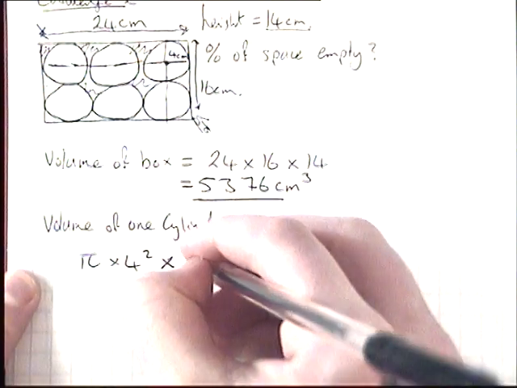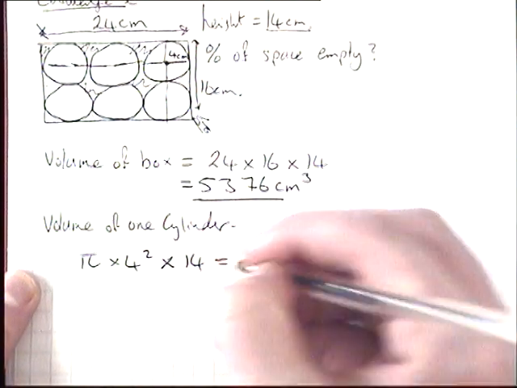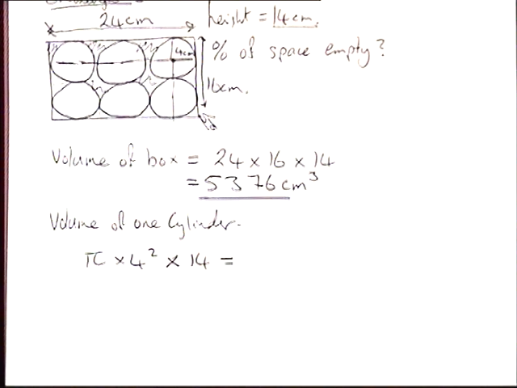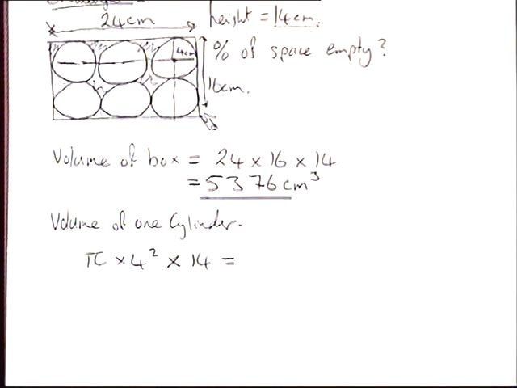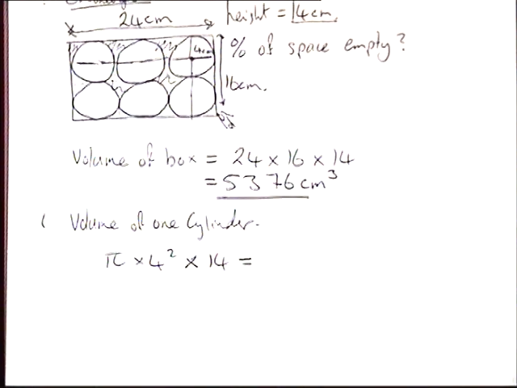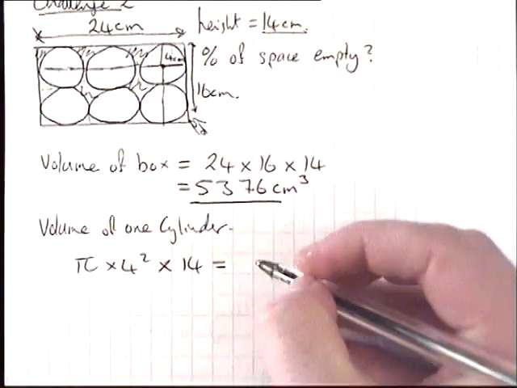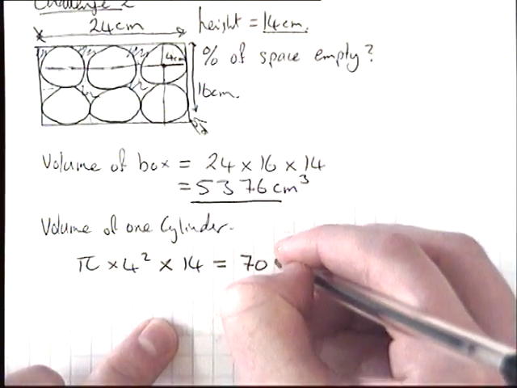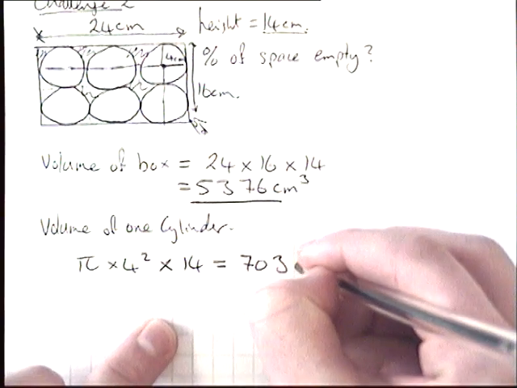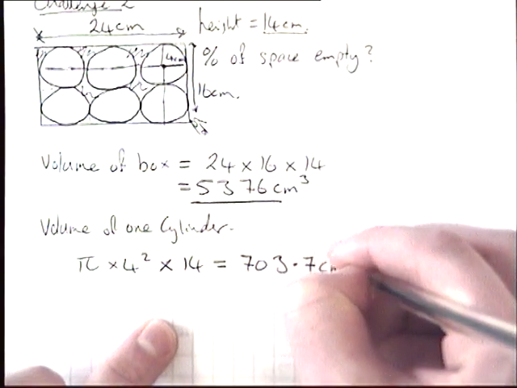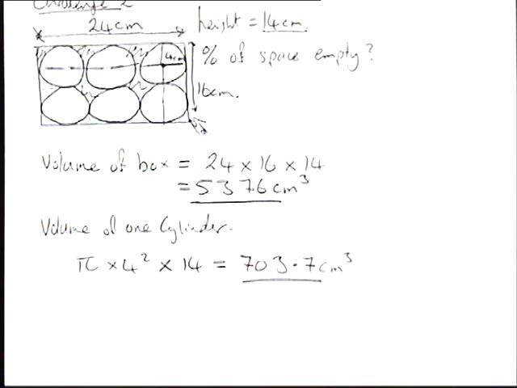So we were told the height of our cylinders are 14. So pi times 4 squared times 14 gives us 703.7 centimeters cubed to 1 decimal place.